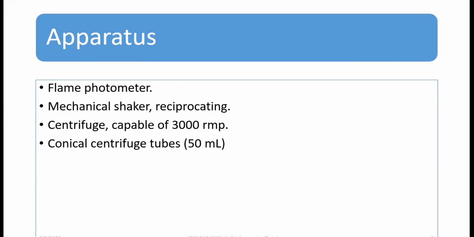Apparatus for CEC: basically, in addition to other ordinary laboratory apparatus, you need a mechanical reciprocating shaker, a centrifuge capable of having a velocity of 3,000 revolutions per minute, and conical centrifuge tubes with a volume of 50 mL.